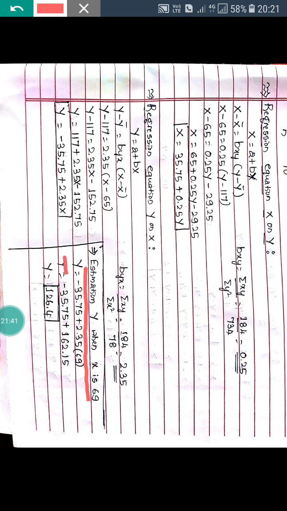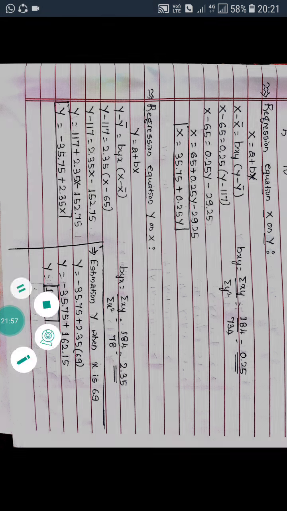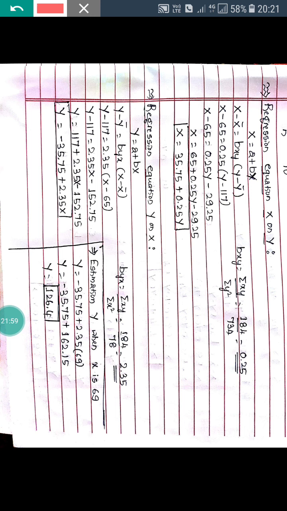Now y equal to minus 35.75 value is there, plus 2.35, and x value is there given 69. After that y equal to minus 35.75 plus 2.35 into 69, we have got 162.15.